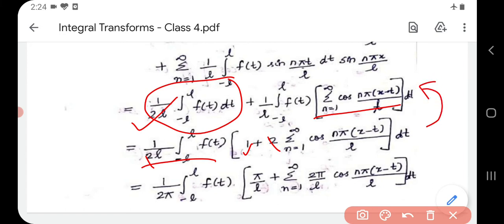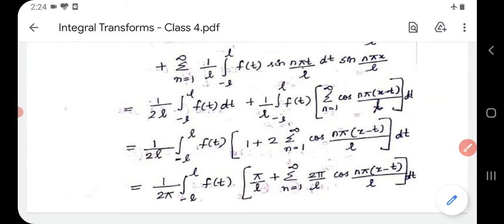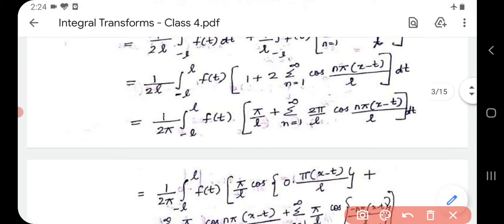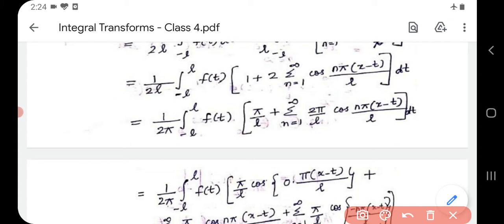So you are writing it in an alternate way, just putting a 2 inside. Then 1 by 2L integral from minus L to plus L f of t. Then inside this bracket they are multiplying with a term, that is pi by L. Here also 2 is already here, pi by L. So this term and this term are multiplied with pi by L.